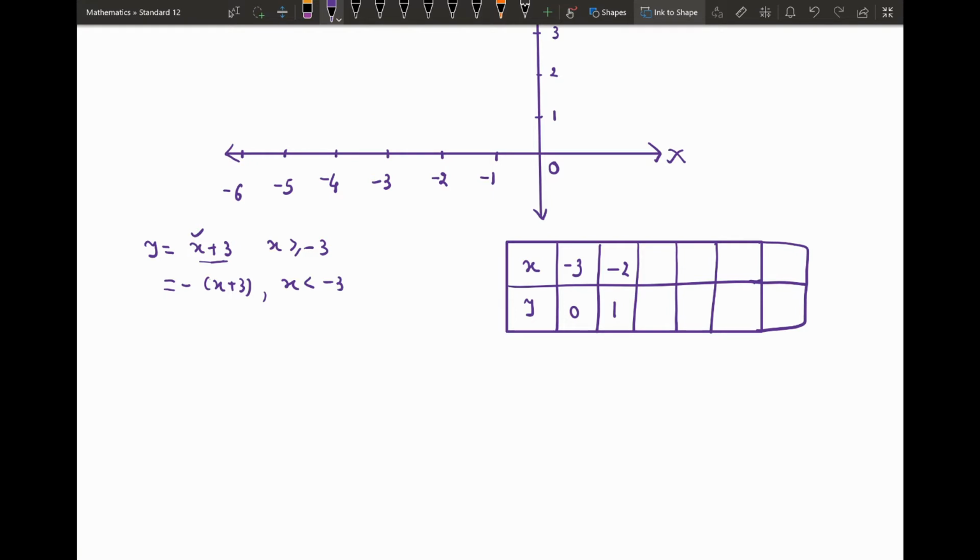So one point is minus 3 comma 0, another point is minus 2 comma 1. If we take x equal to minus 1, y will be 2.